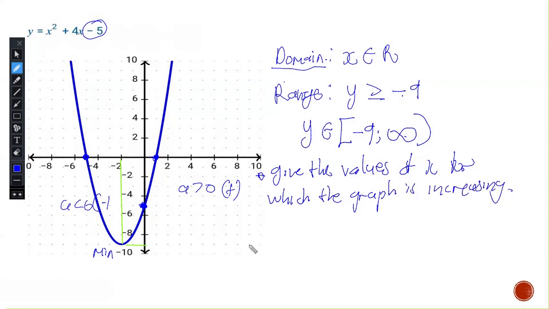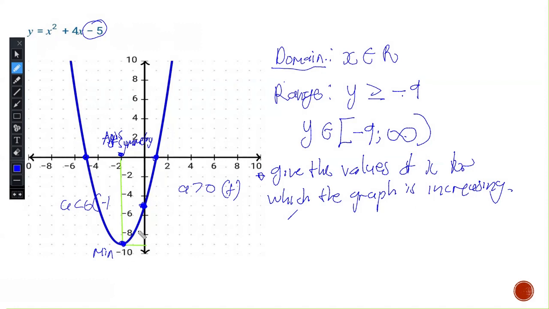Where do we see the graph increasing? Remember, when we answer this question, our point of reference is always the axis of symmetry, right? So in order to answer questions on increasing or decreasing, we have to look at the axis of symmetry. Remember, this represents where the graph will turn, right?